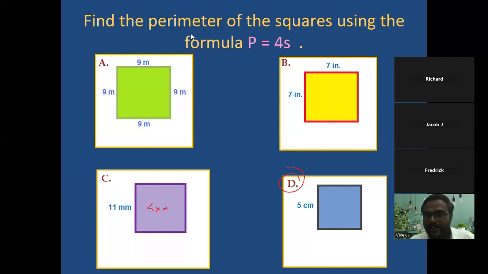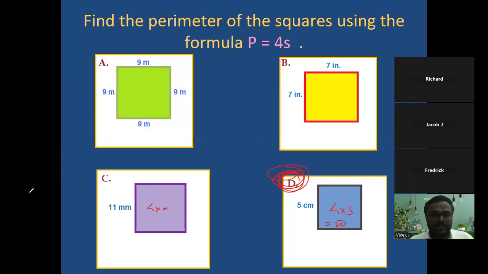Come on, Jacob, Reggie, Richard. I want you to find the perimeter of this shape D. So it's going to be 4 times 5, which is equal to 20. I got the answer from Jacob.